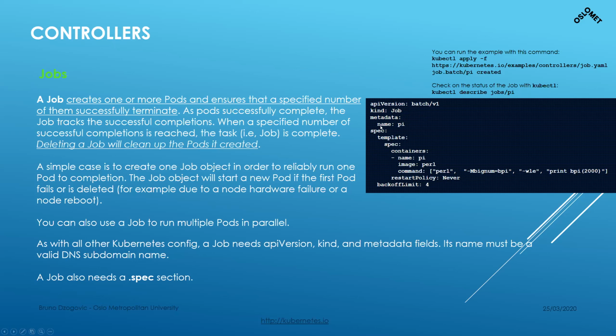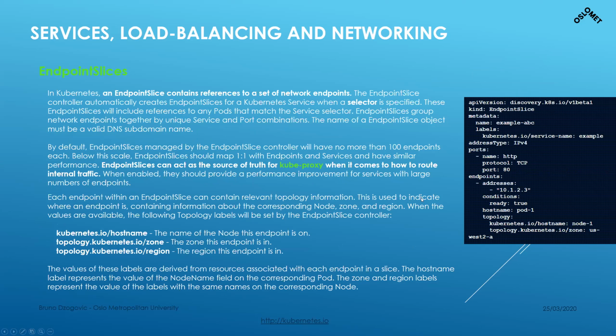Then you can assign metadata, names, like pi, job, whatever it is, and you can have specs as well, a template for the specs, a container like some Perl image, and it will run a specific command. I'm not sure what it's going to do in Perl. It's not my field of expertise, but in any case, that's how you can do jobs, and you can check them, for example, with kubectl describe jobs and the name that you specified in the metadata.